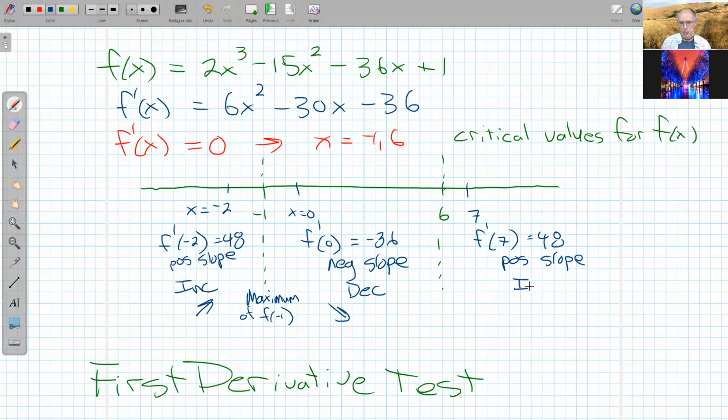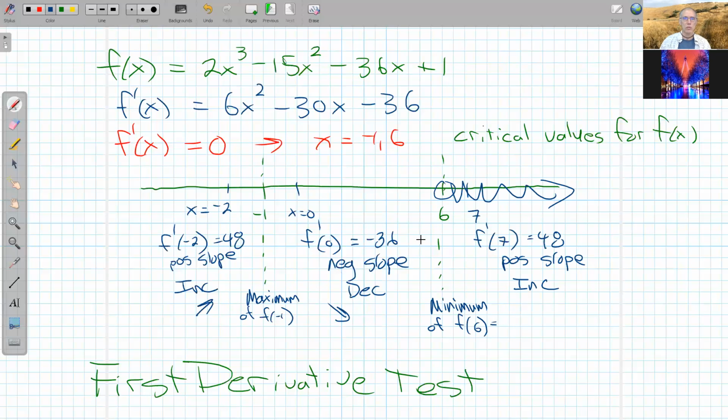That means the function is increasing in that region, right? What region am I talking about? Any x value greater than 6, we're increasing. So it went from decreasing to increasing, so in the middle here, we must have a minimum. And the minimum is whatever f of 6 is.